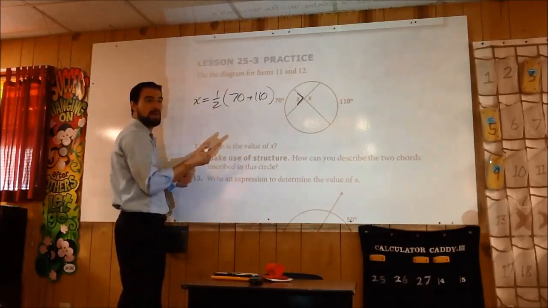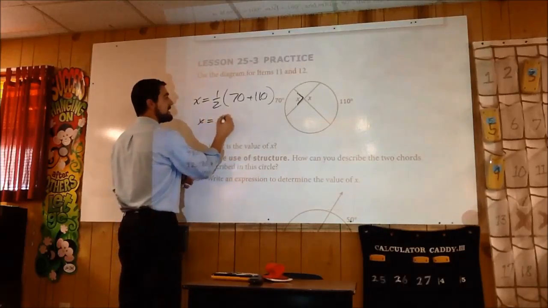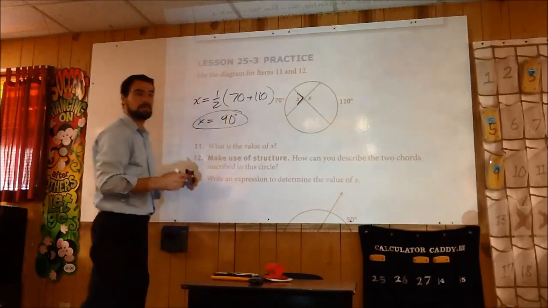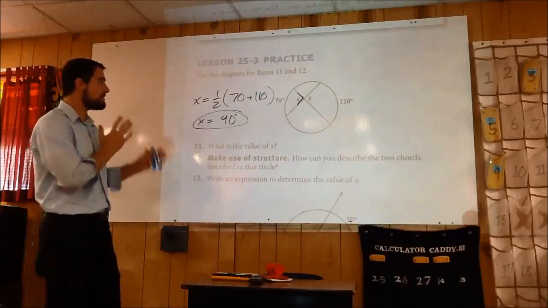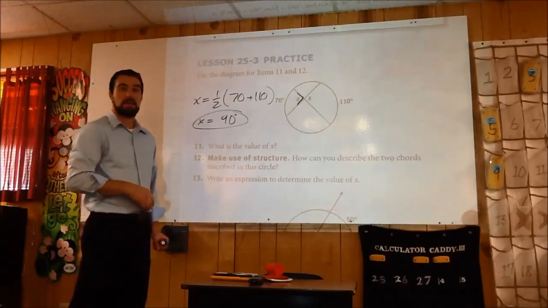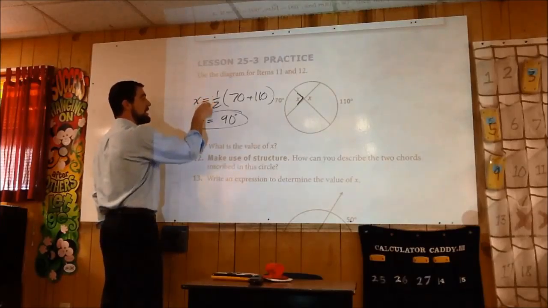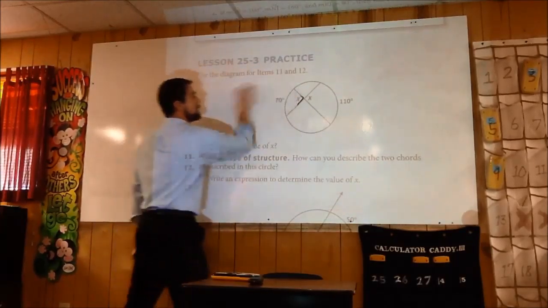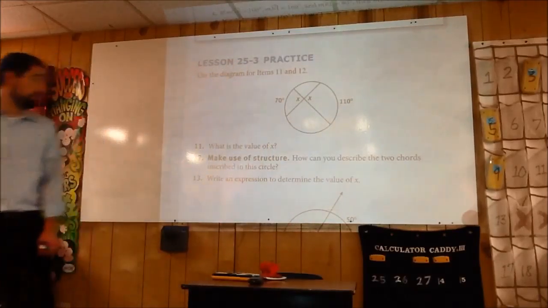Well, multiplying by 1/2 is the exact same as dividing by 2. So it will not get any easier than that. X is 90 degrees. That is right in between 70 and 110. But that's what the rule in your notes says, that the angle is 1/2 the sum of the arcs. So questions on this page? 14. Number 14.